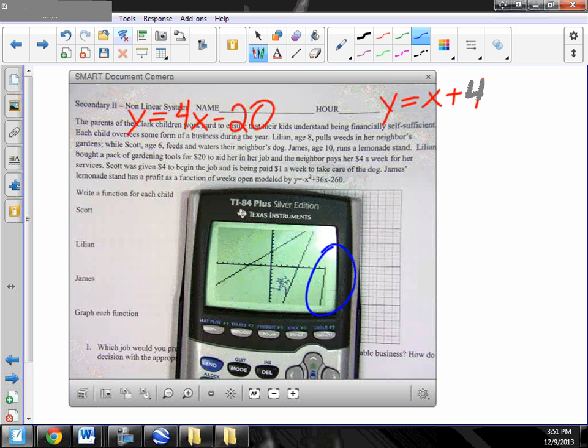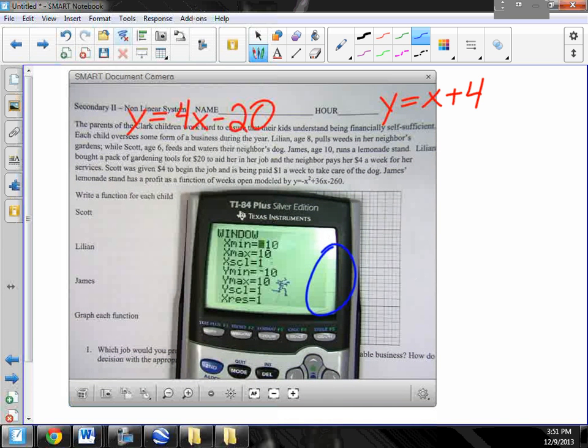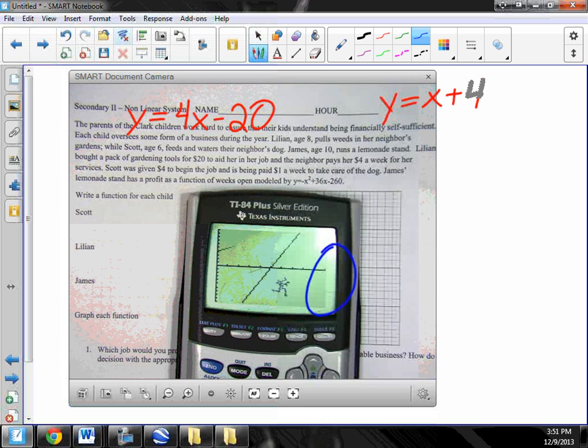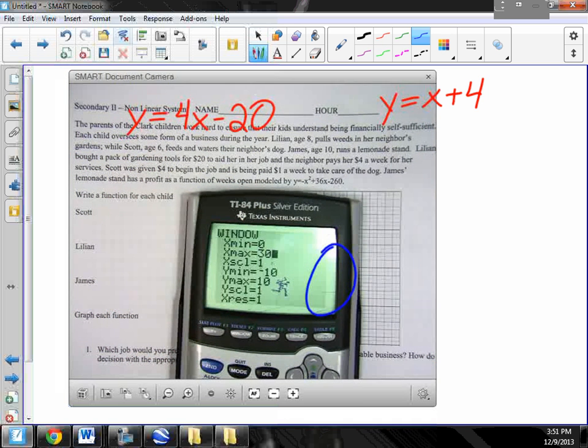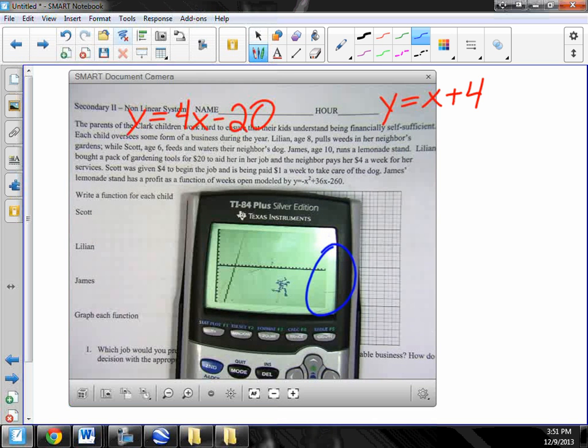I need to change my window. I don't need to know any time in the past, so I can change my x minimum to 0. By looking at the graph, I'm going to need to know more on the x-axis, so maybe I could go out to, say, 30. So my x max is 30. Graph that.